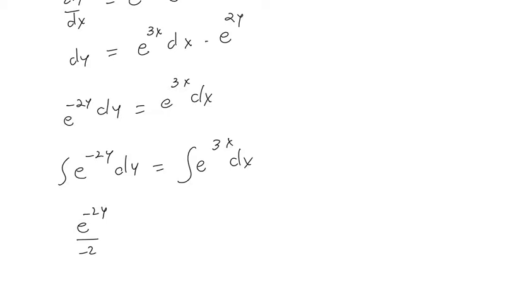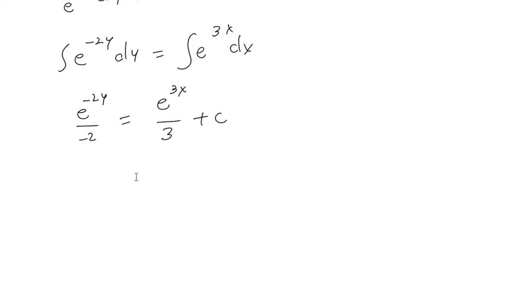And if I put constants with the x, I will have e raised to power 3x divided by 3 plus c, and from here you can move this term on the other side here. You will have minus 2y divided by minus 2 minus e raised to power 3x divided by 3 equal to c.